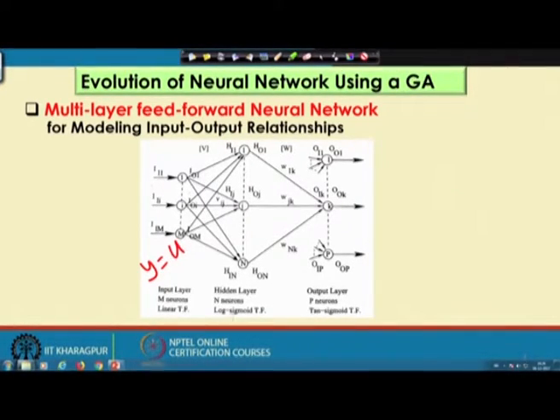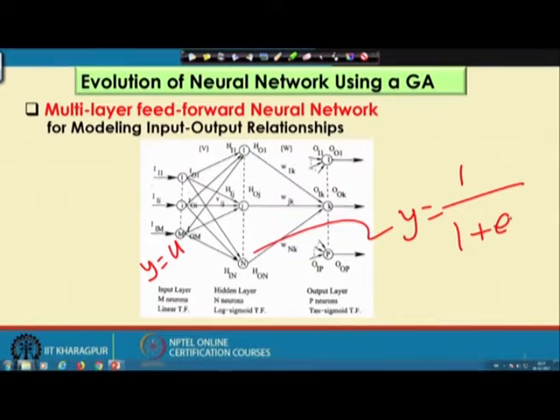Similarly, in the hidden layer we generally use the log sigmoid transfer function, where the expression I have already given is y equals 1 divided by 1 plus e raised to the power minus a u.